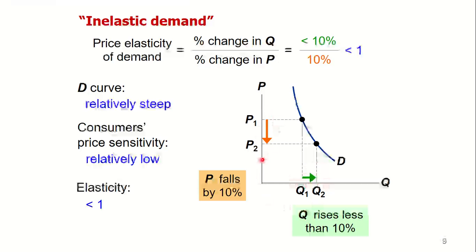So the change in price is bigger than the change in quantity. So this type of elasticity is inelastic demand. Actually, this is showing inelastic demand, where the demand curve is relatively steep.